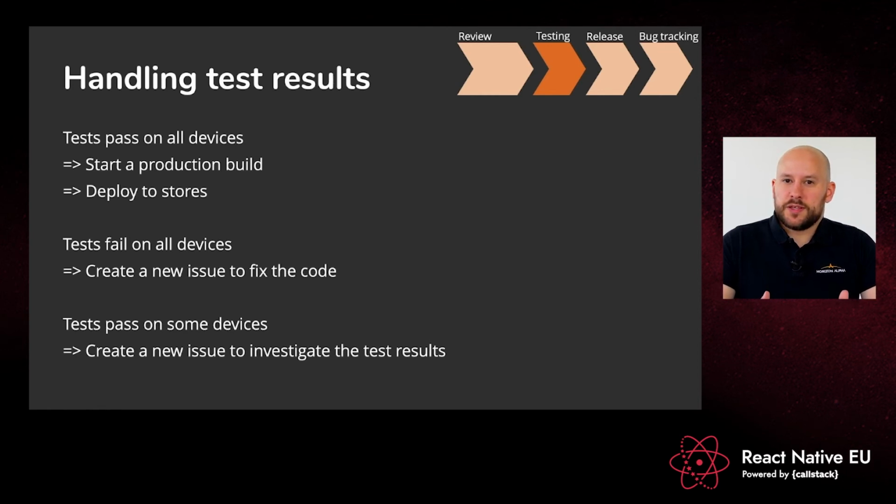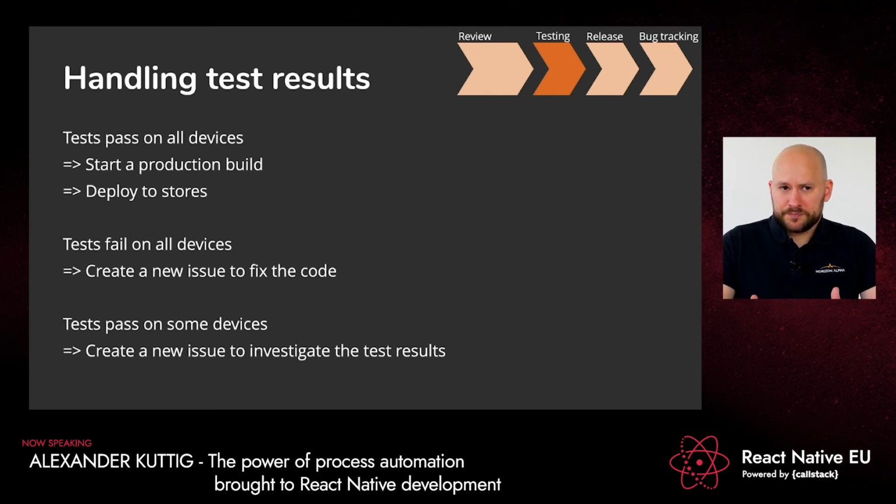But it could also be that a device isn't available or a device has no internet connection whatsoever. So you have some kind of flakiness when using these end-to-end tests, and we haven't found a great solution for that.